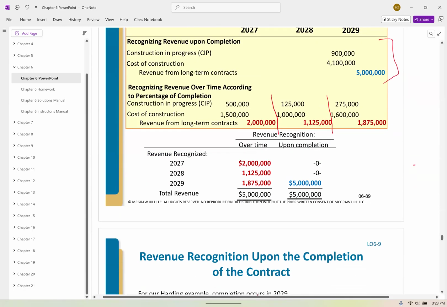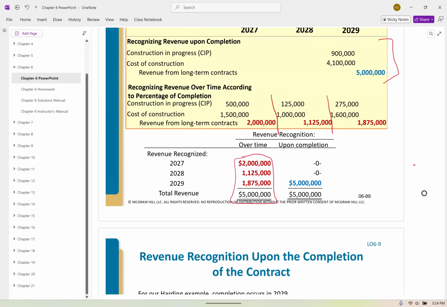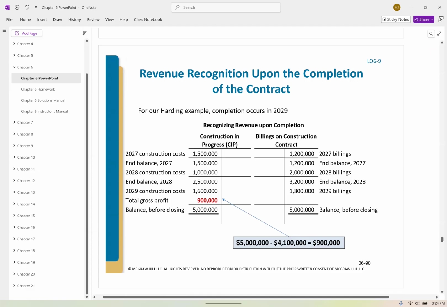But you can see here, for revenue recognition, they recognized 2 million in 27, then 1,125,000, and then 1,875,000. Those are a lot of zeros, over time. And if you were looking at your income statement, this looks a lot better.